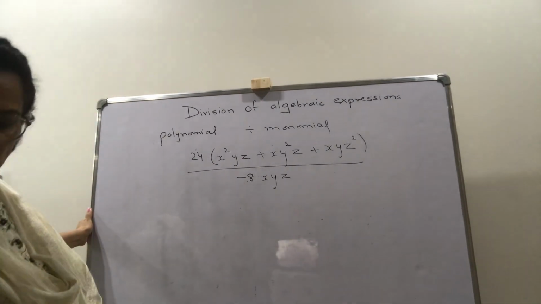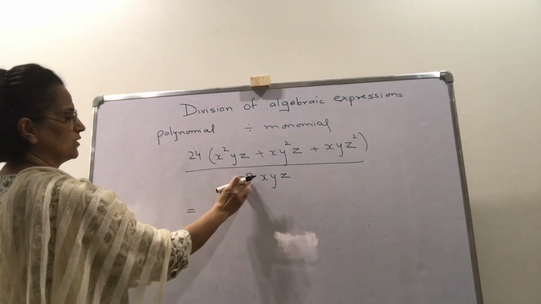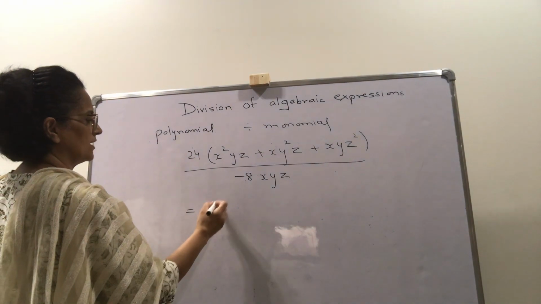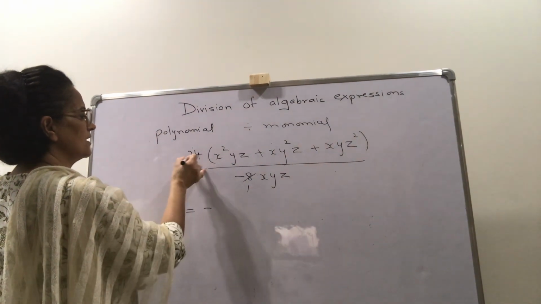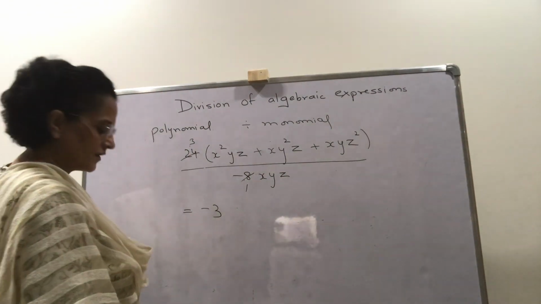Let's check now. First thing, same. We can cross out 8 3s are 24. So I can get right here 8 1s are and 8 3s are, and here I get minus 3.